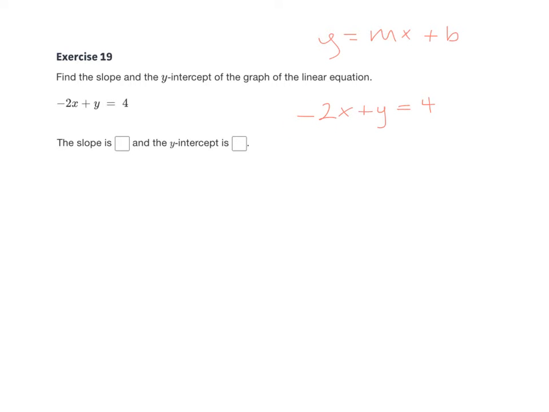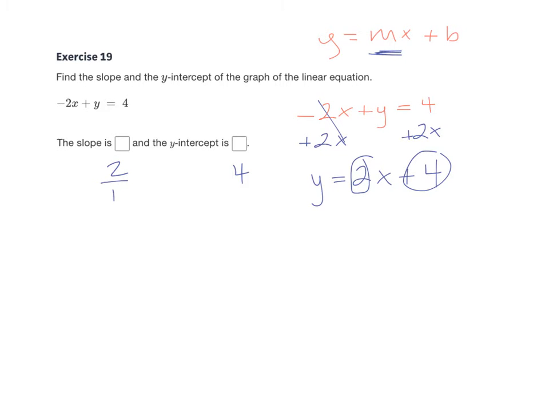We are going to add 2x to both sides. So that's going to be y equals 2x and a positive 4. Now we can pull out what our m is. Our slope is always the coefficient of x. So the slope is 2 over 1. So I like to put that as a fraction. And the y-intercept is what comes at the end. The y-intercept is 4.